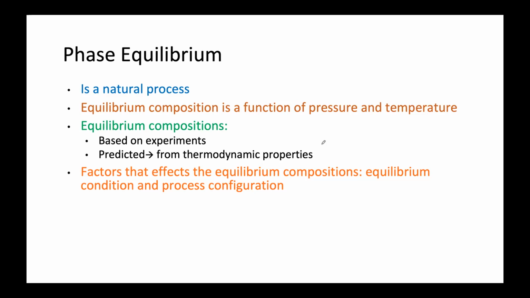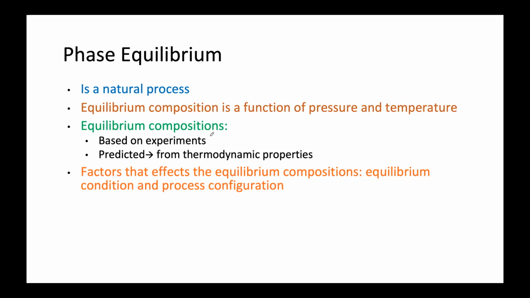But if we deal with new components, for example, if we found new essential oils and want to do the separation, and we don't have the data, that means we have to do experiments.